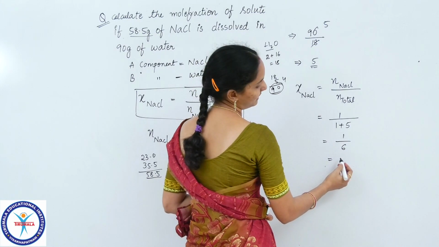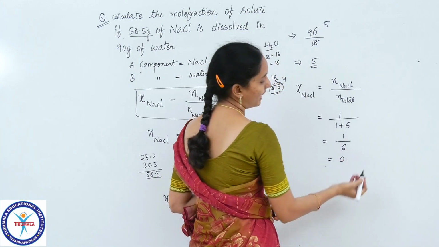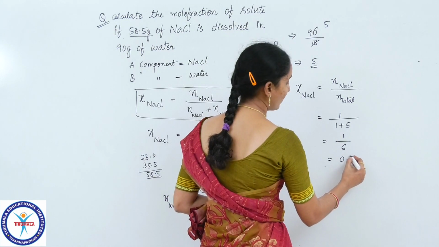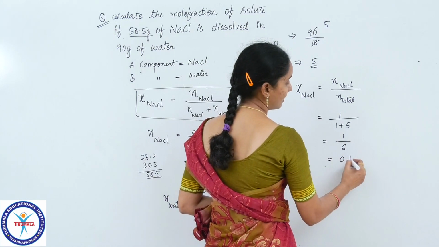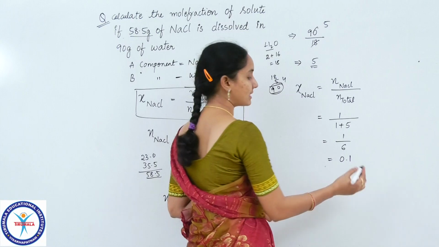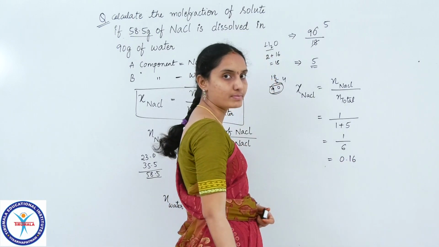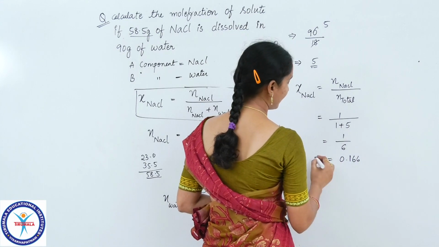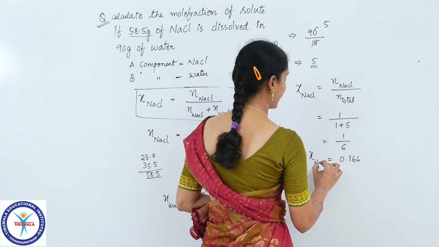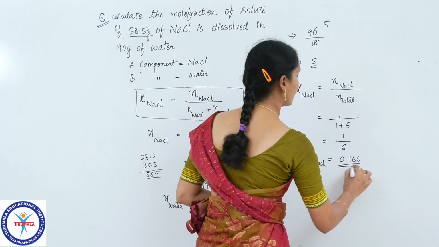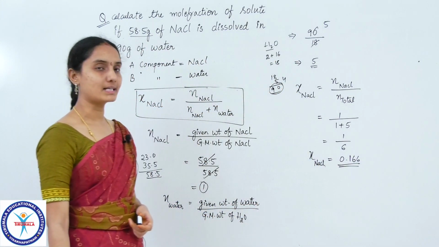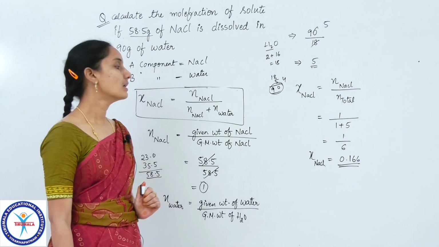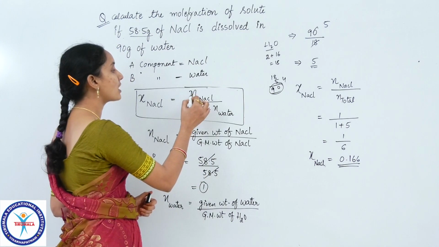So 1 by 6 means 0 point, in 10 how many times does the 6 cancel? 1 time, 4 is left. So in 40 how many times? 6 6s are 36, so 6 times, 4 is left again. In such a manner it will continue. So mole fraction of NaCl is equal to 0.166.